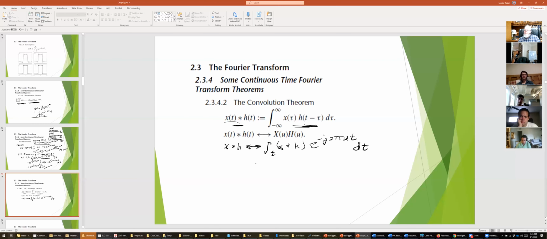So we see that if we were to write this out in longhand, which we need to do, this is the integral over t, and then we get the integral over tau. Because you notice this convolution integral up here is an integral over tau. We've got to be careful not to mix up our variables of integration.